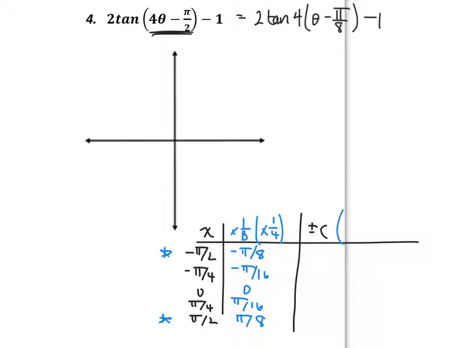So in our case, are we going to add or subtract? Add. And how much are we going to add? Not pi over 2. Pi over 8, because remember that you have to take the factored value. So negative pi over 8 plus pi over 8 is 0. Negative pi over 16 plus pi over 8 is?